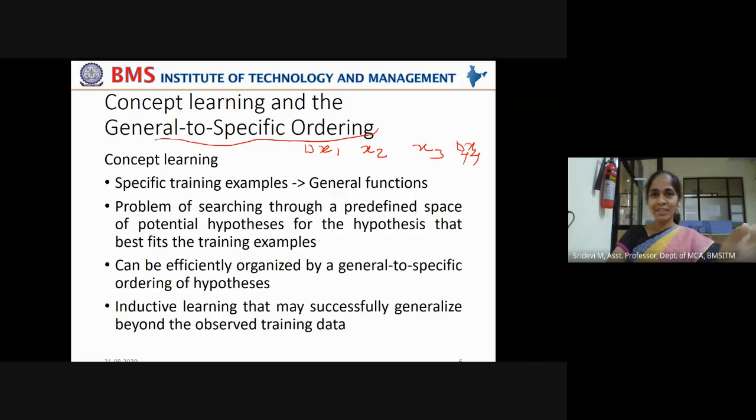How are they generalizing? By learning from the specific preferences. Got it? Means from the ordering is going, a general hypothesis is made by understanding the underlying specific hypothesis. Got it?